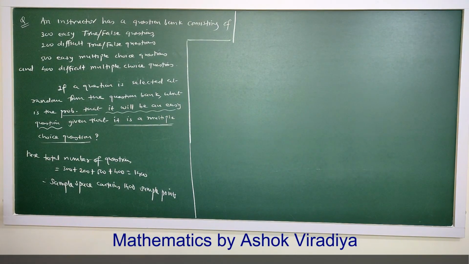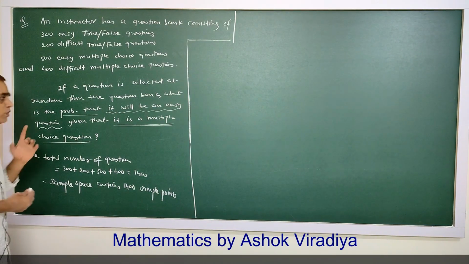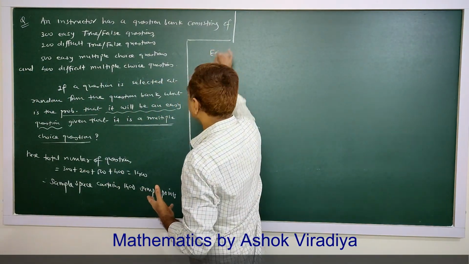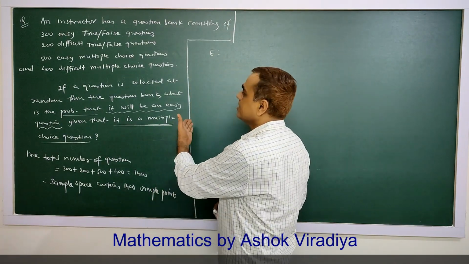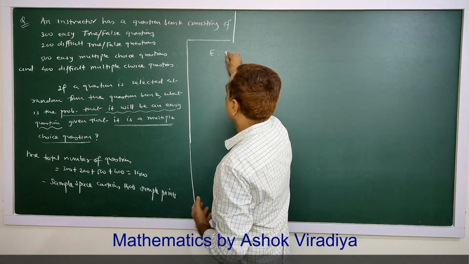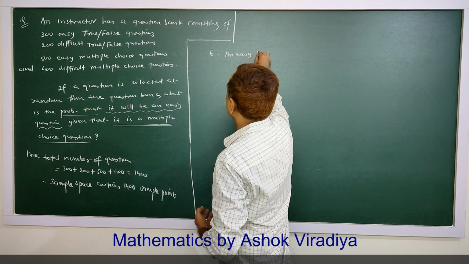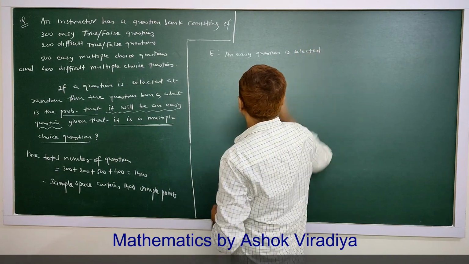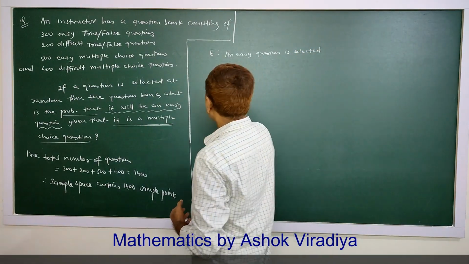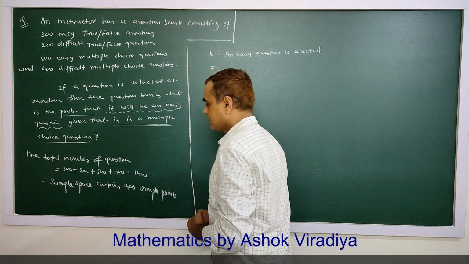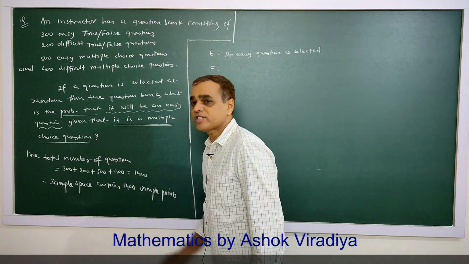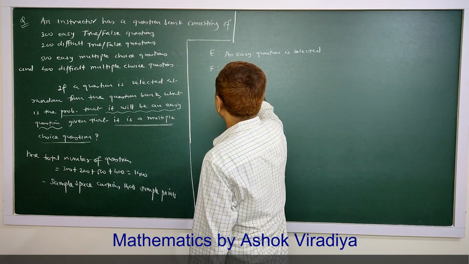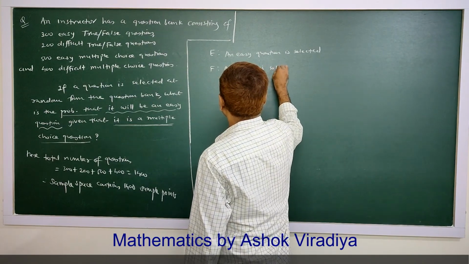So this is value of n is 1400. Now suppose let E be the event that an easy question is selected, and F is the event that it is a multiple choice question is selected.